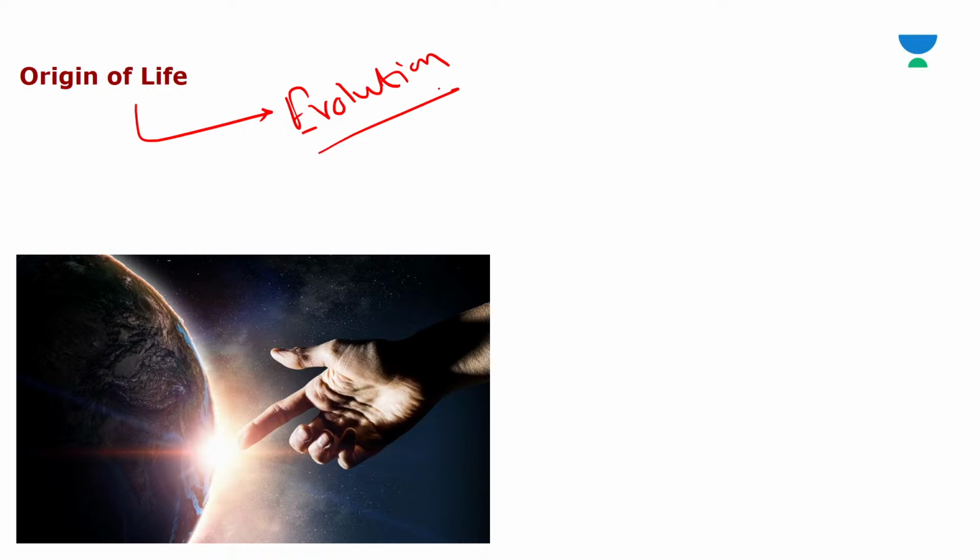The assemblage was such that they could duplicate themselves, converting inanimate matter into living substance. The record of life that existed on this planet in different periods is found in rocks in the form of fossils.